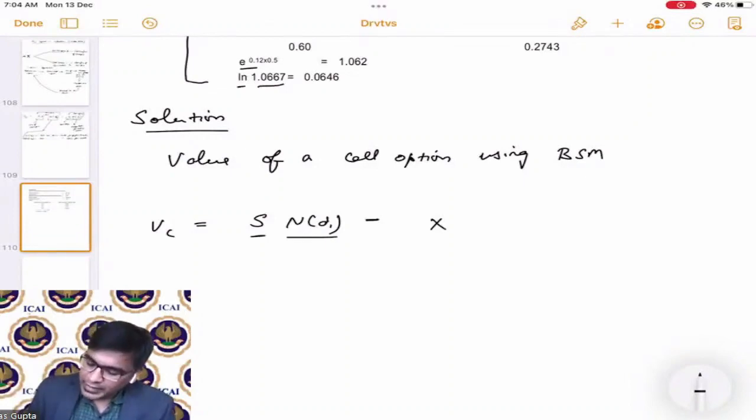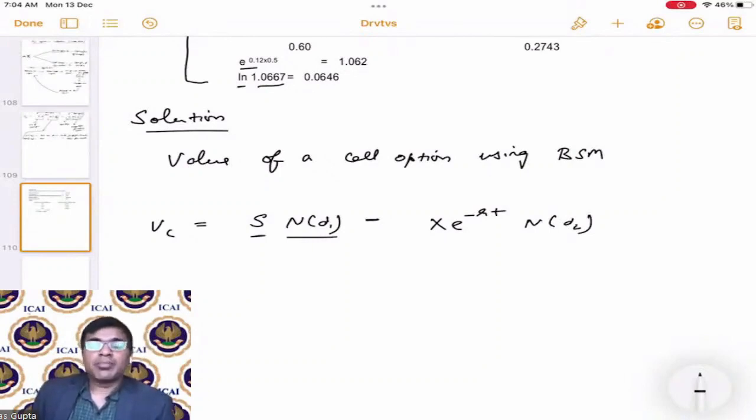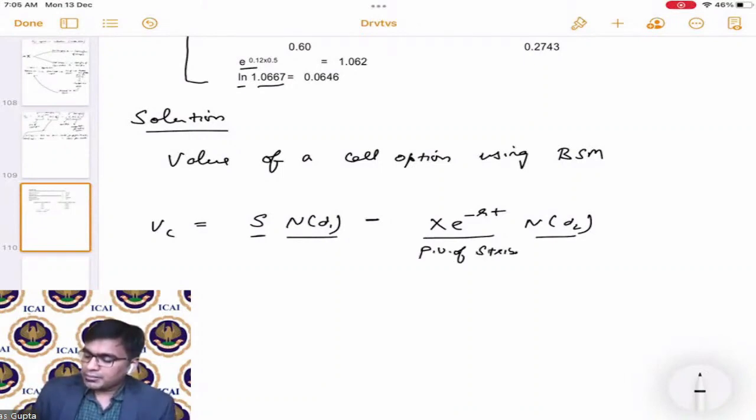So present value of strike price was expressed like this: X e raised to the power minus RT multiplied by ND2, which is the probability that on expiry, the spot price will be higher than the strike price. This was ND2, correct? This is the present value of the strike price, which we are going to realize, correct?